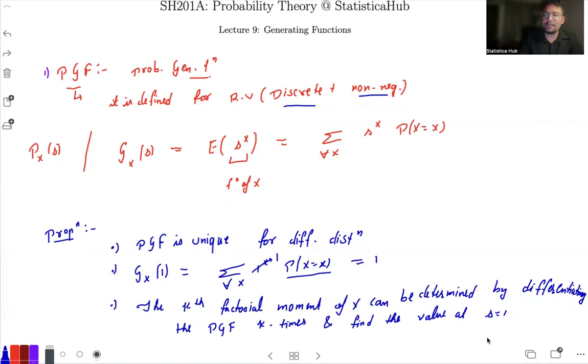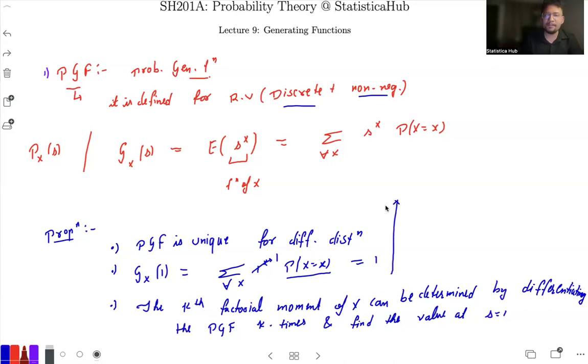How does that come up? We know what the meaning of factorial is. We have x, so you do x into x minus 1, x minus 2, and so on. We have to go for the kth factorial moment. So that will come out like this.